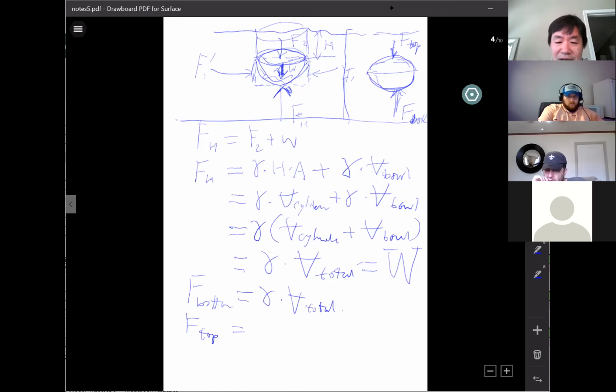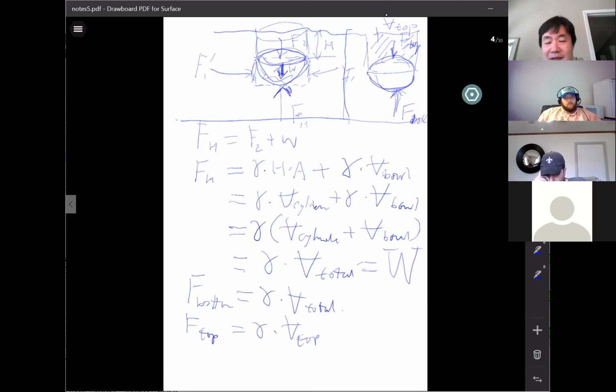From the same logic, I know it will be gamma times the total volume on top of it. Let me draw it here. A cylinder, excluding the inside area. So this is the volume I'm talking about, the volume on top of the top surface. Let's call this V top, volume top.